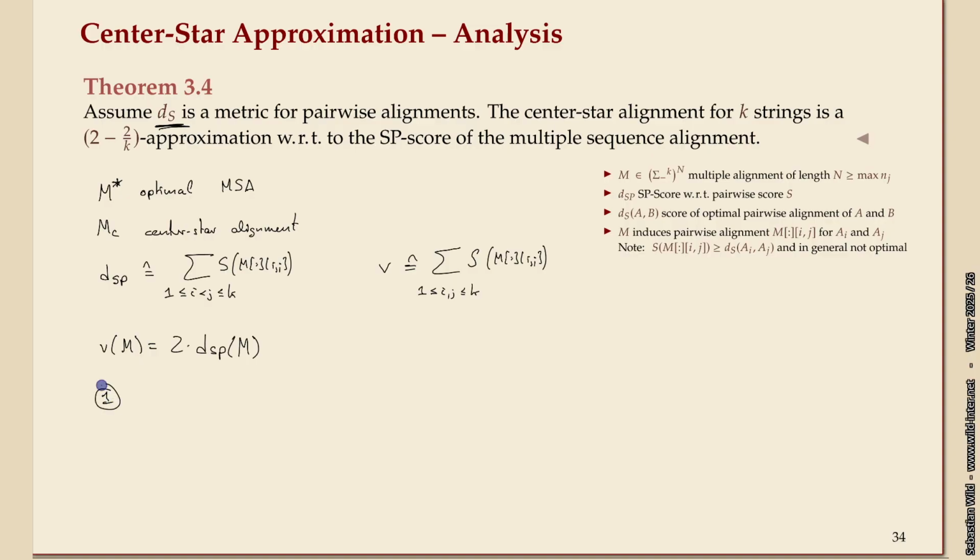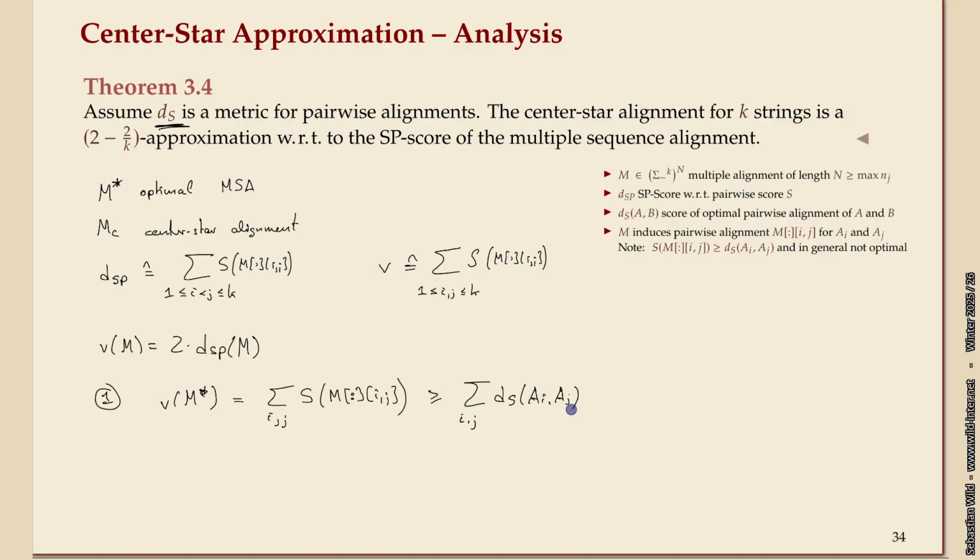First step is let's get a lower bound for the optimum. So V of M star, that's again the double sum over I and J of the score of the alignment I get when I zoom in on rows I and J. Now this is some pairwise alignment of rows I and J. That's going to be never better than doing the pairwise alignment, ignoring what the multiple alignment says.